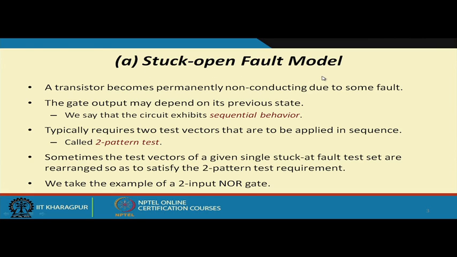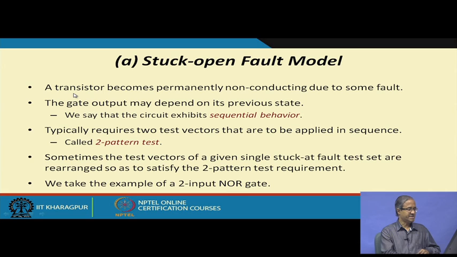So, look at the stuck open fault model first. Here, as I said, a transistor becomes permanently non-conducting because of some fault. Because of this fault, when I apply some input, the gate output may remain the same as it was in its previous state when the last input was applied.